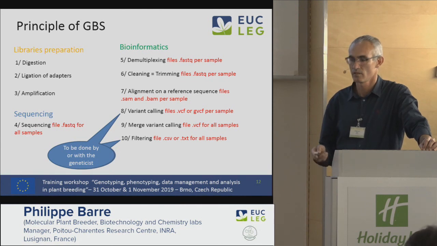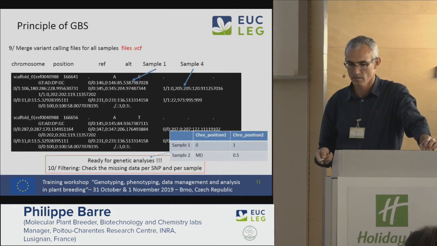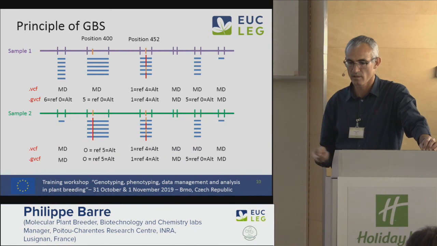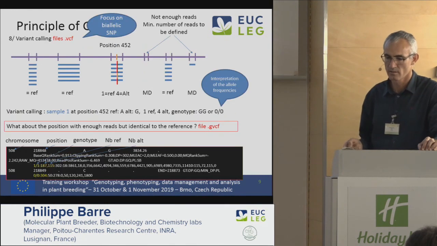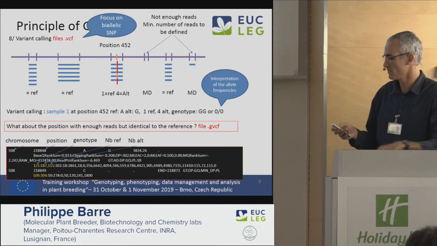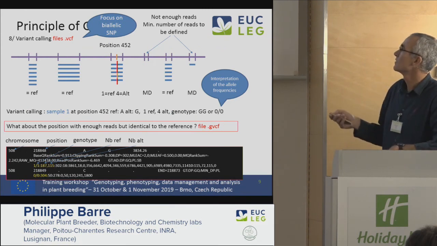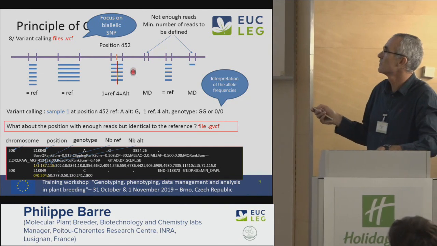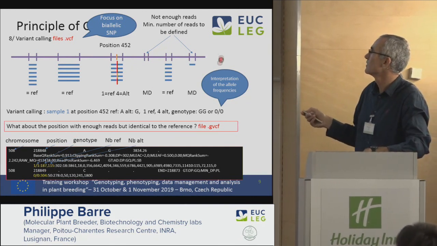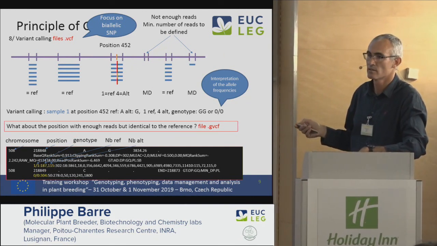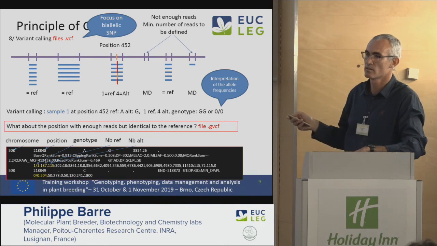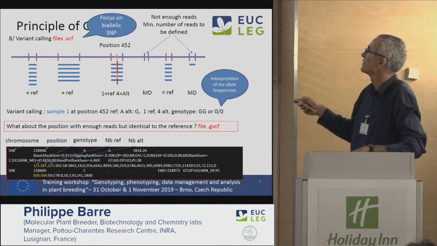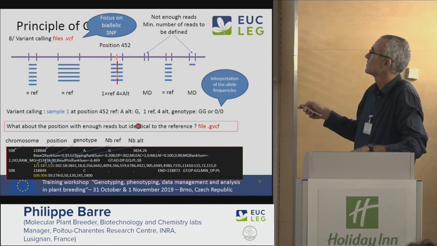Maybe it's good to go back to the slide. There, you were saying that it's difficult to interpret whether you are dealing with a homozygous or a heterozygous individual, and I do not understand why there is doubt. If you have two different variants, why is it not clear?